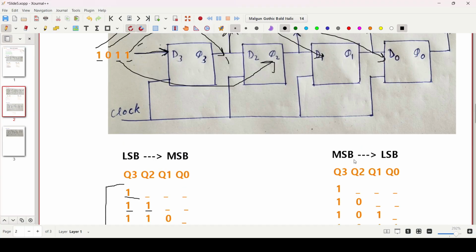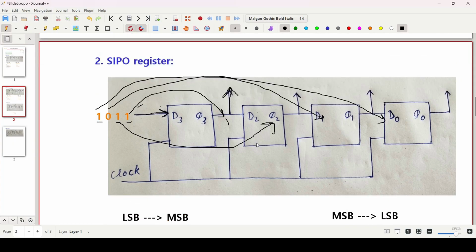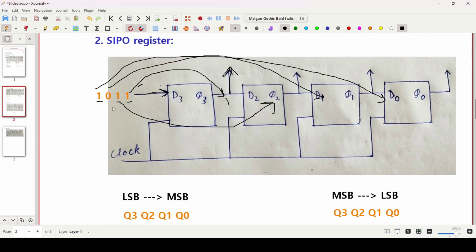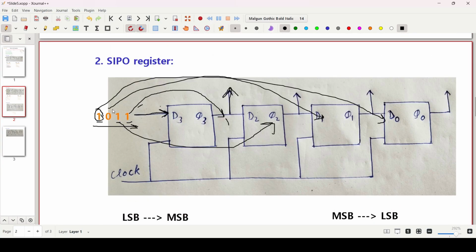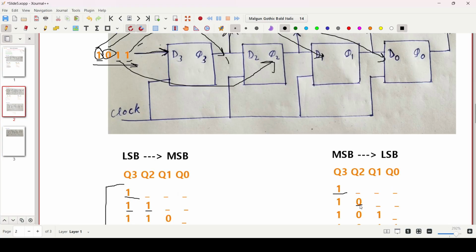Now let us discuss from MSB to LSB. It is similar to this, but now we will start from this side. First of all, we will enter this one at Q3. Then we will input 0 at Q2, right?